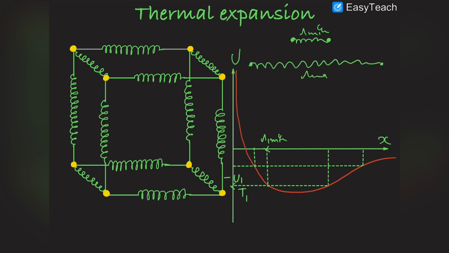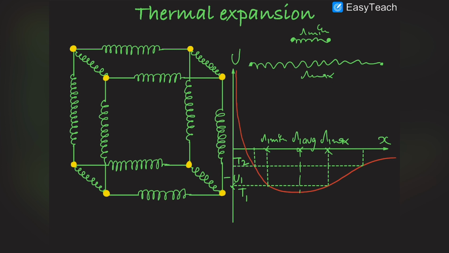This is R maximum, so let us name it R maximum 1. The average of these two is at this point, R average 1. Now if we increase the temperature, this is the temperature T2.